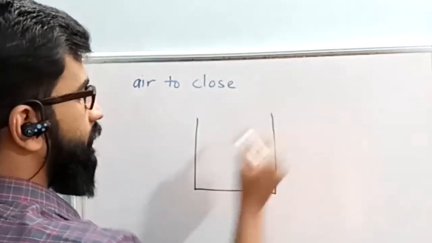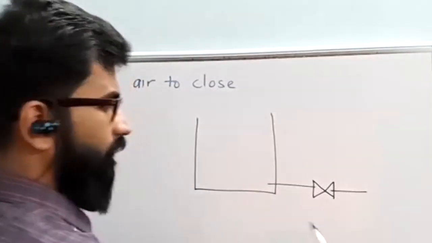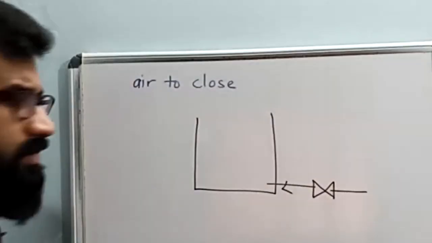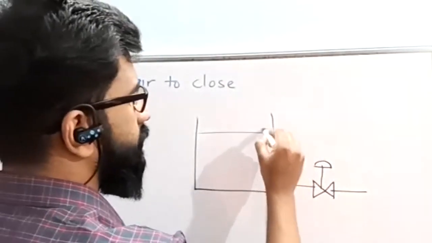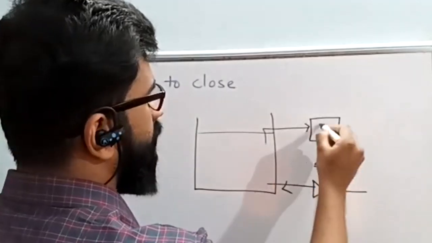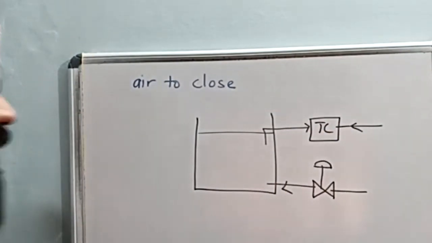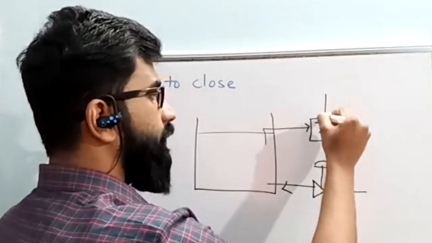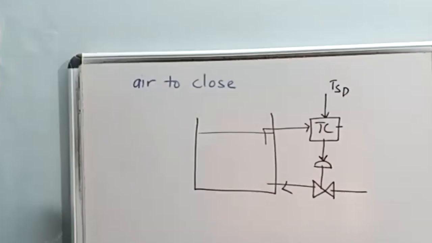So now the only question is what should be the type of controller. So temperature is measured and we have a temperature controller, right? So if the temperature is more, the set point is given. What should be the reaction of the controller if the temperature is increased?